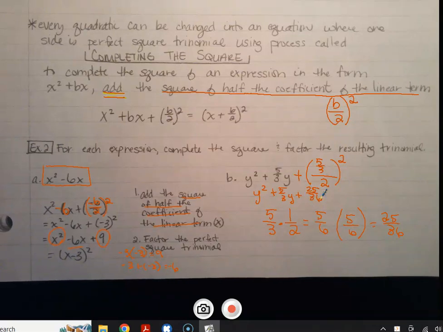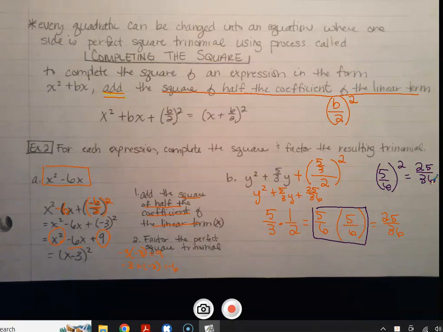Now, I will tell you, sometimes, and this is one of those cases, it's actually easier. Don't write anything yet. I want you to watch. This part is the same thing as 5/6 squared, which is equal to 25/36.